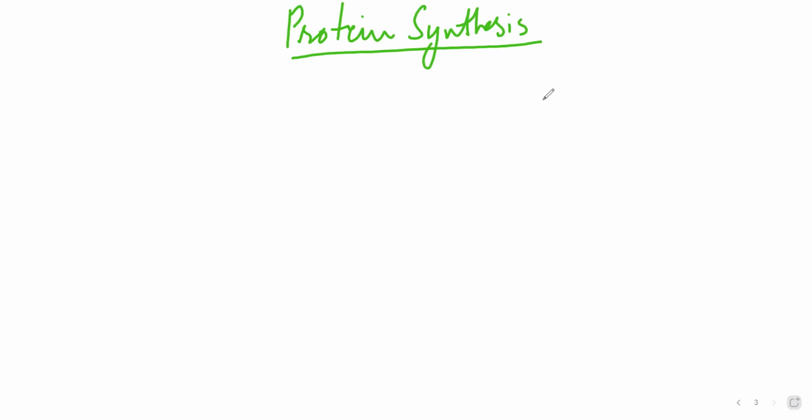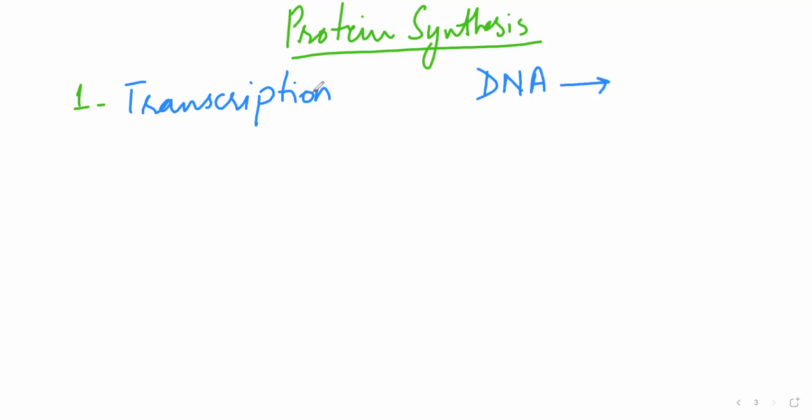This first step that takes place inside the nucleus is sometimes also called transcription. Transcription is the process in which DNA's information is converted into mRNA. mRNA is a polynucleotide sequence, or base sequence, or you can say a polymer of RNA nucleotides.